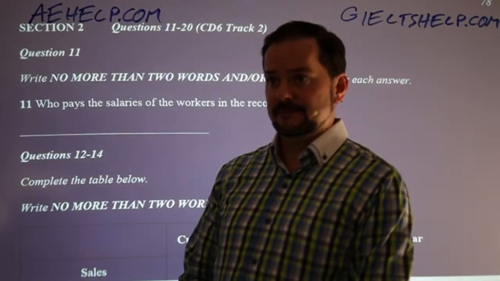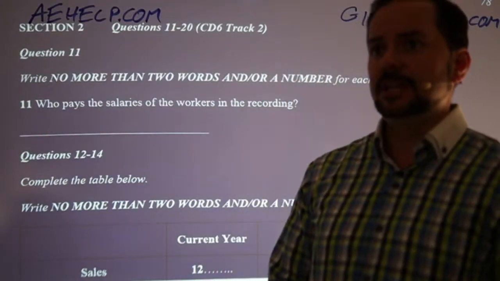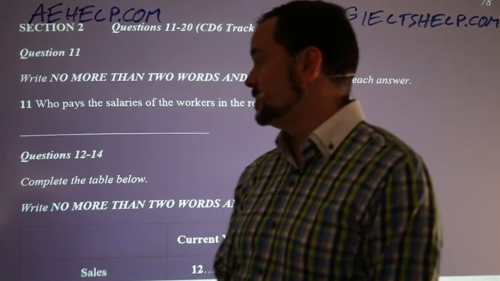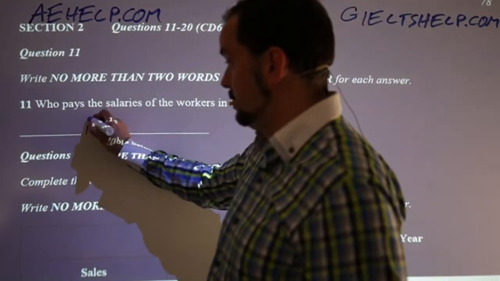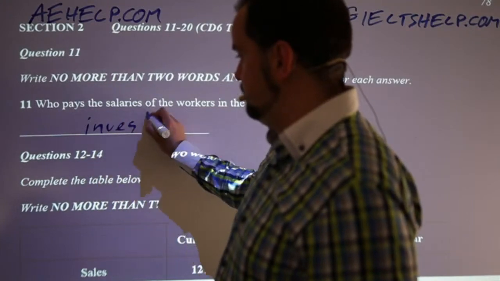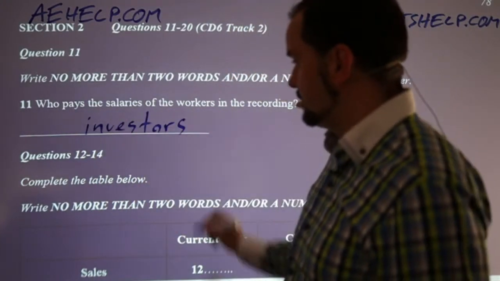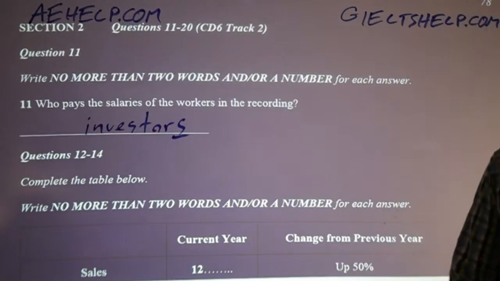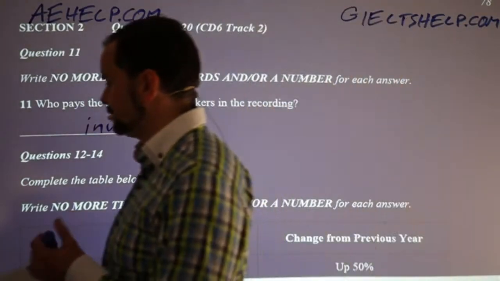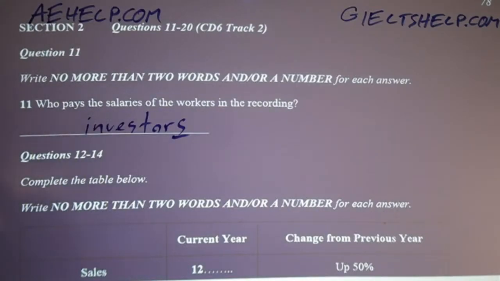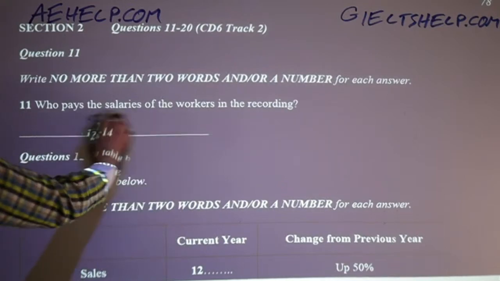Harwinder says it's the investors. Franklin Timothy says it's the investors. Yeah, and it's a common noun, so investors, plural. Okay, that's all you need for the answer there. All right. Indeed, it was the investors.